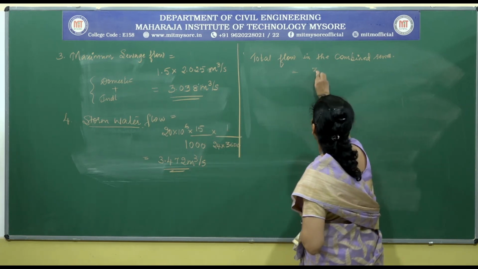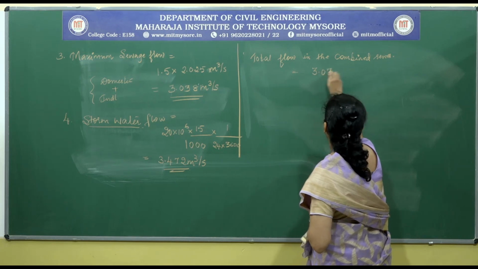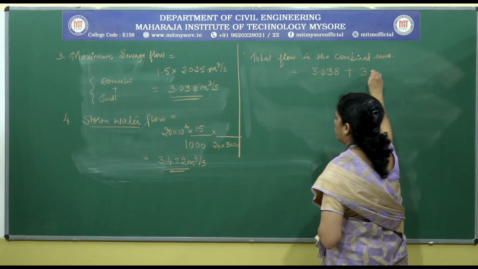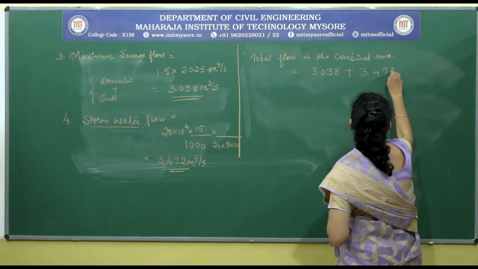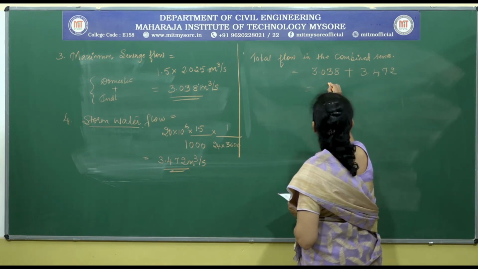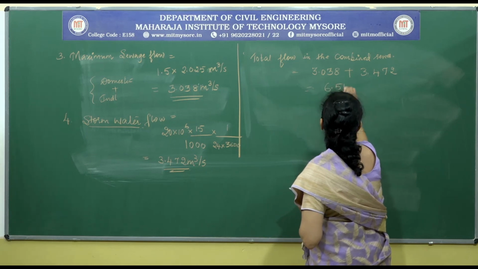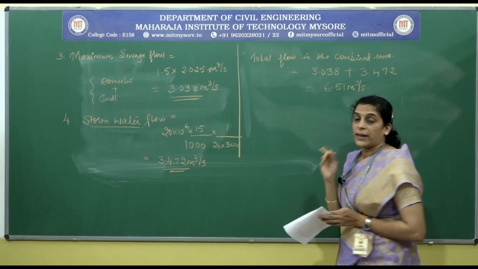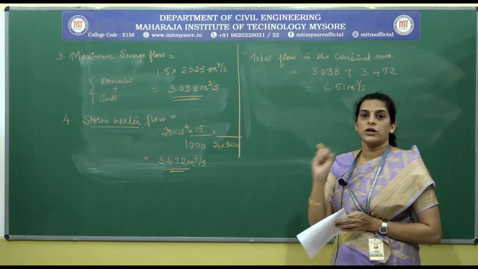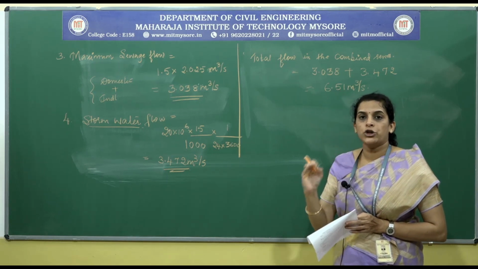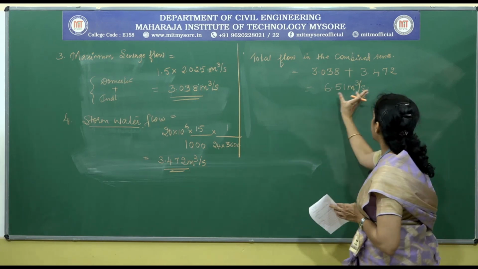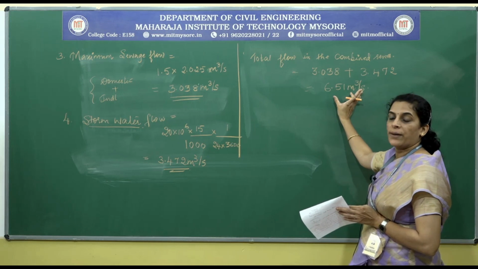So here I have 3.038 plus 3.472, I will get 6.51 meter cube per second. So the capacity of the combined sewer should be such that it should be in a position to accommodate 6.51 meter cube per second flow.